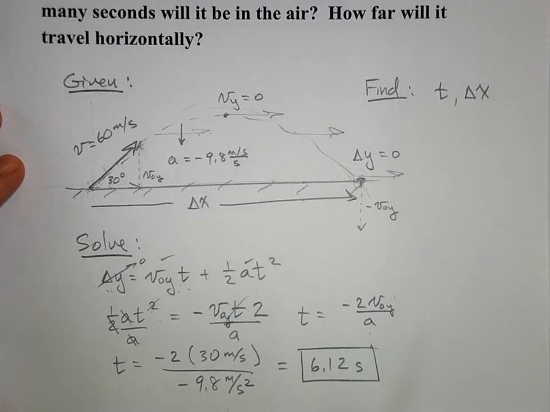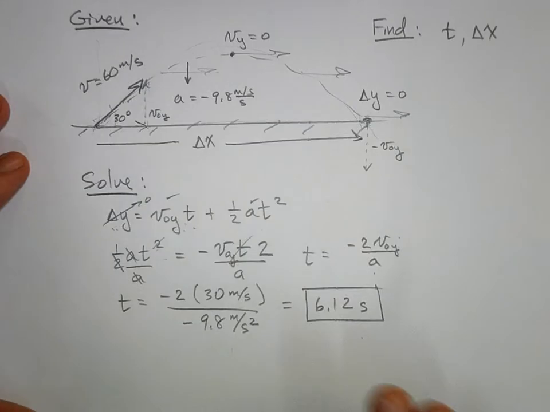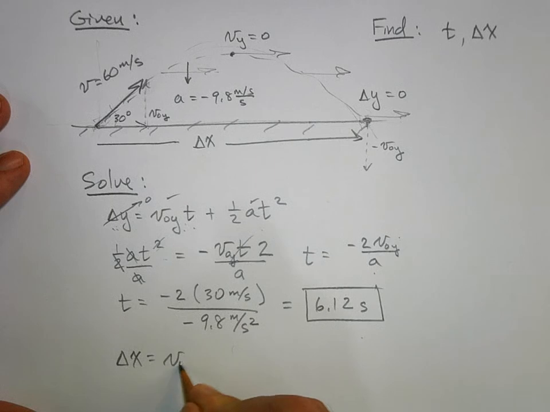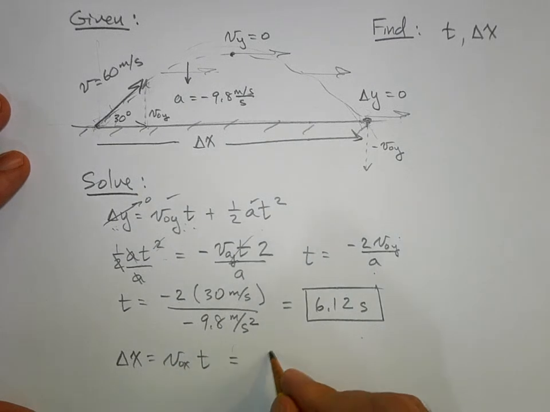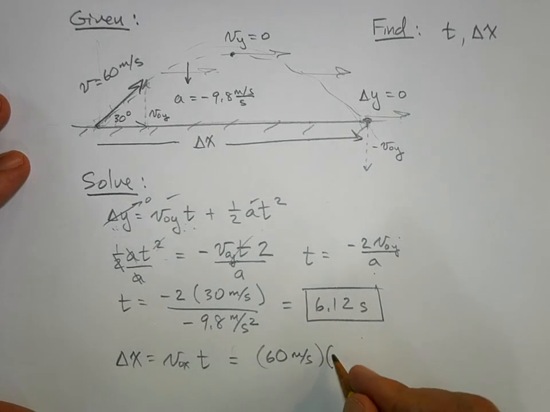Okay? And then, now to find delta x, once you know the time, the rest of it's pretty trivial. Delta x equals v naught x times t. V naught x is 60 meters per second times the cosine of 30 degrees, right?